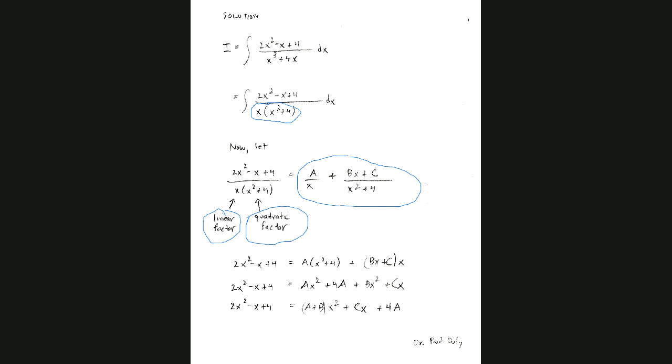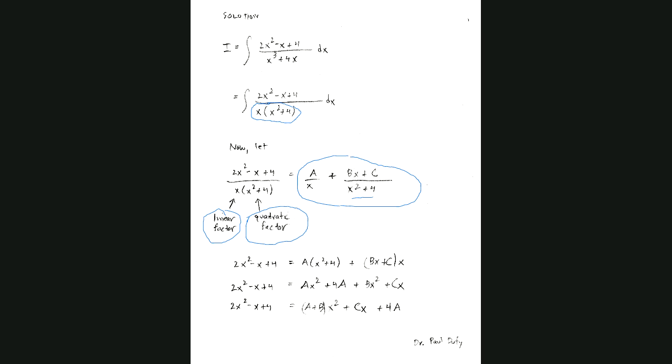Okay, x is of degree 1 as a polynomial, and the constant A is of degree 0. And then the x squared plus 4, that's a second degree polynomial. So above that x squared plus 4 in that fraction, we put Bx plus C.